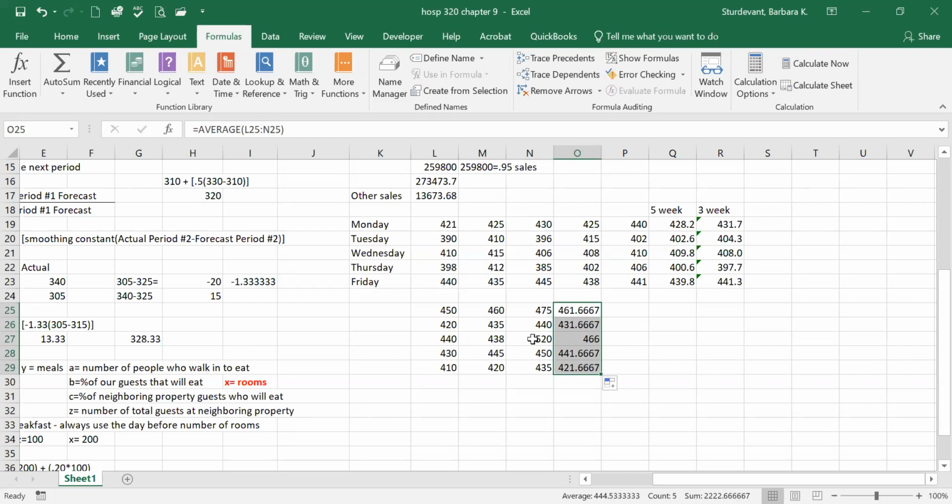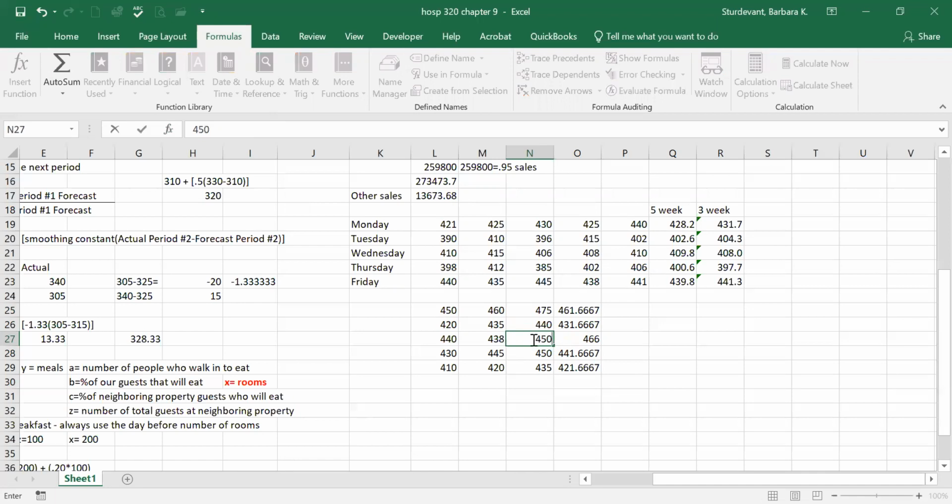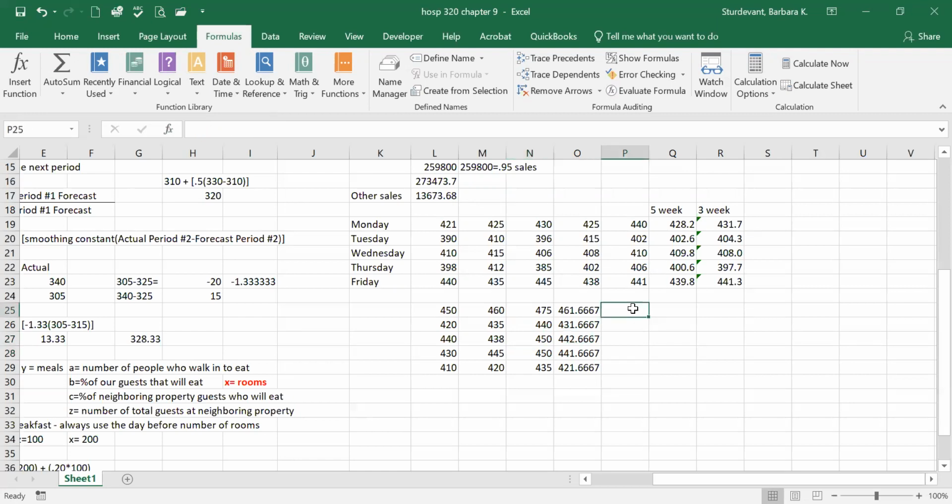And what we have to do for that Wednesday is use 450 instead of the 520. So that changes our average number. Then it asks us to modify because the weather's getting colder.